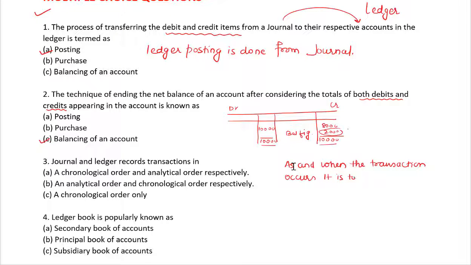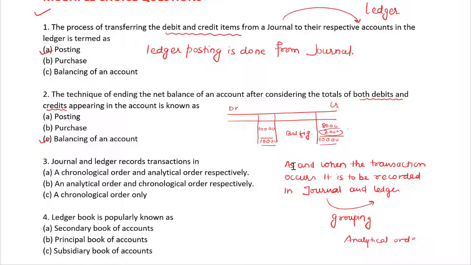It is to be recorded in journal and ledger. Then the grouping is done and it is known as analytical order. And when the transaction is recorded in a chronological order, it is known as chronological order. So the answer is A.